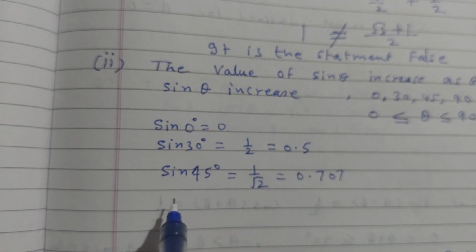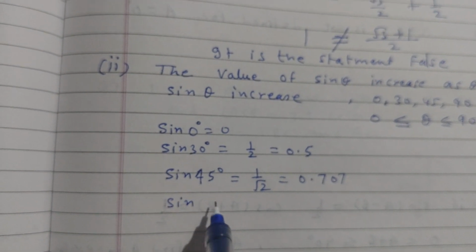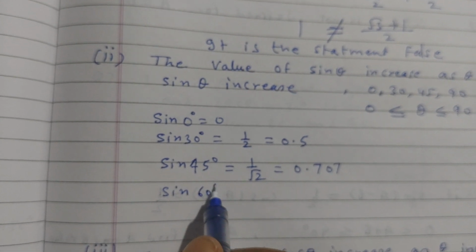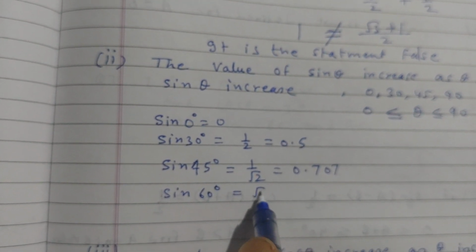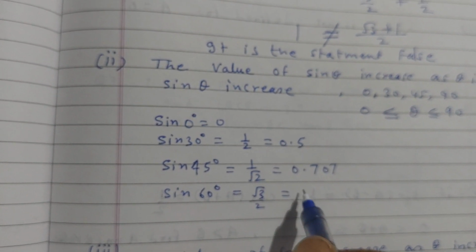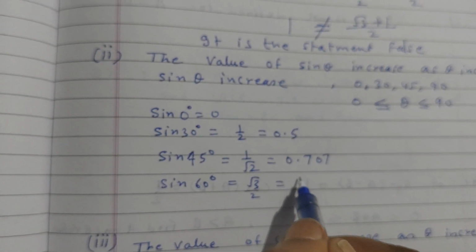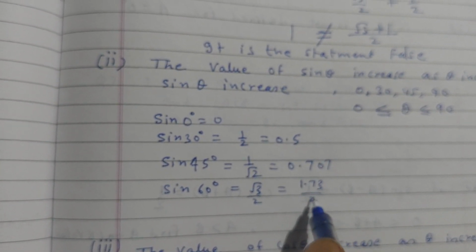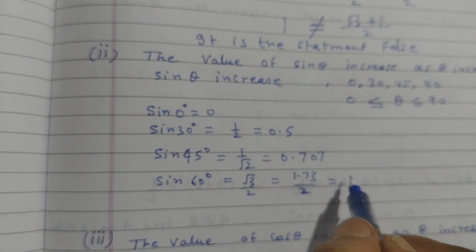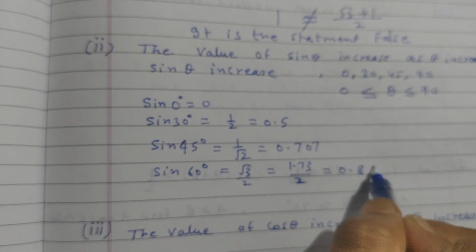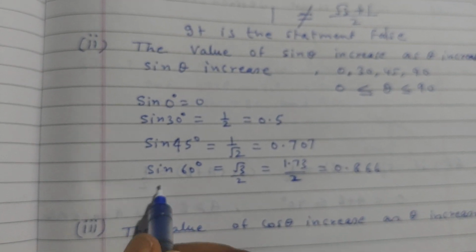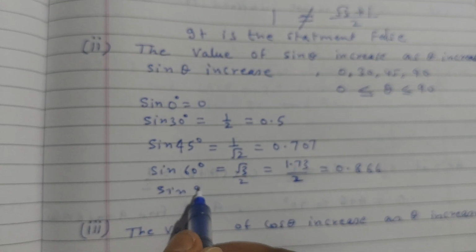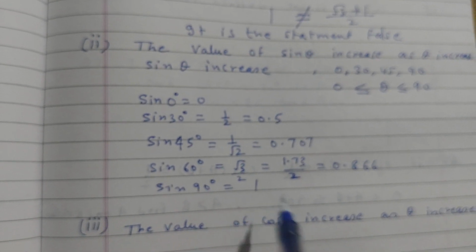0.70. Sin 60 is root 3 by 2, which is equal to 1.73 divided by 2, we get 0.866, and sin 90 is equal to 1.